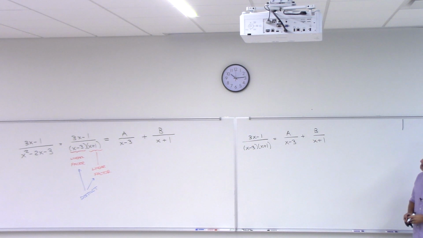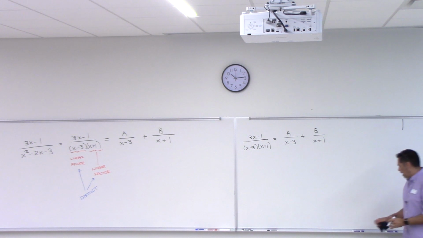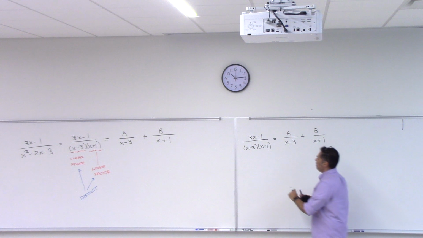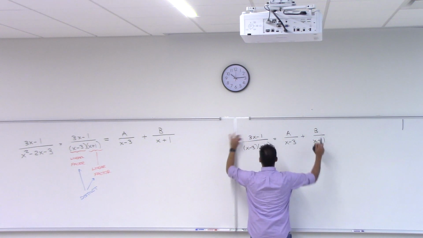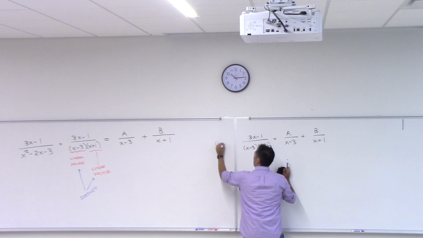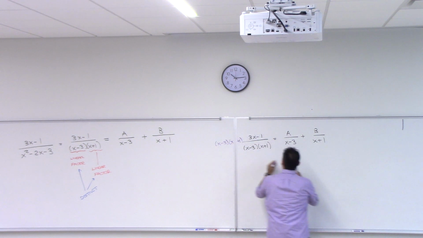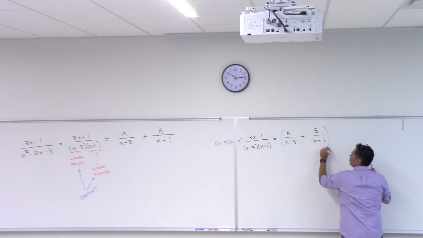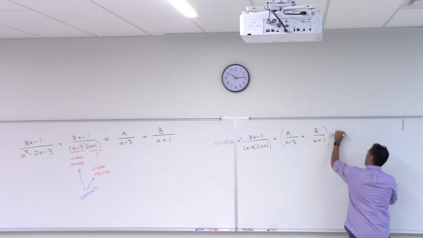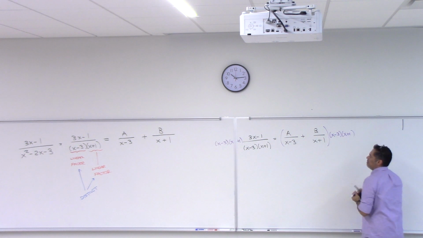Now, I'm going to clear the fractions. In other words, I'm going to multiply the left side of this equation by the LCD. And then I'm going to multiply this side of the equation by the LCD, like that.